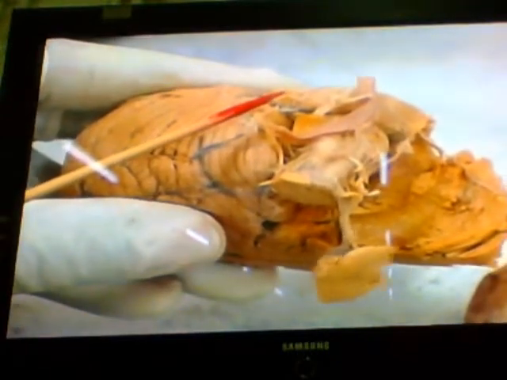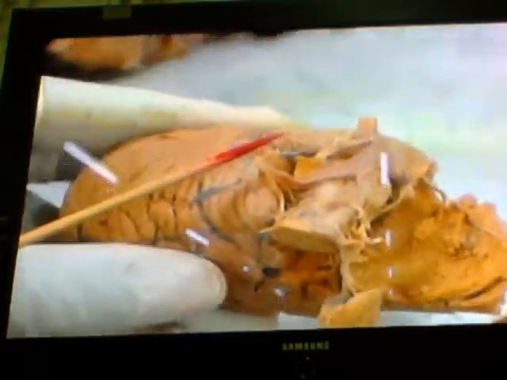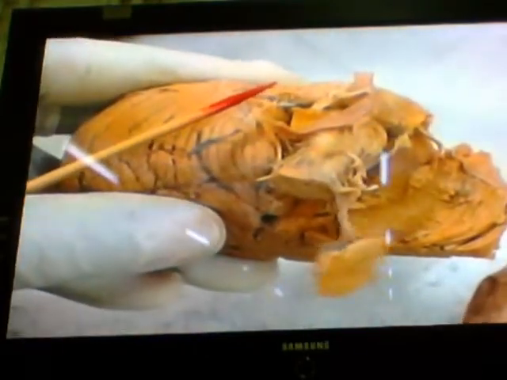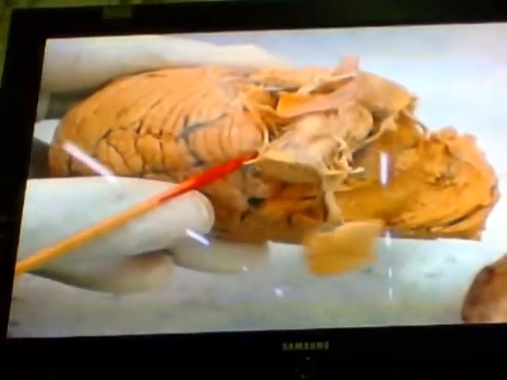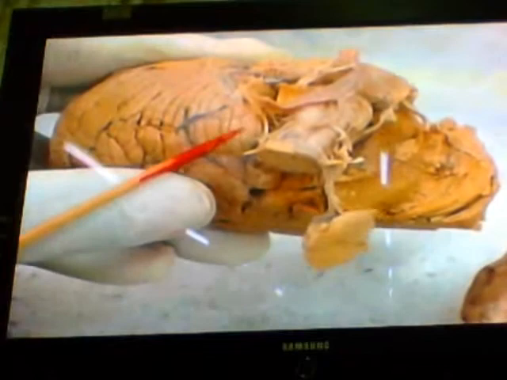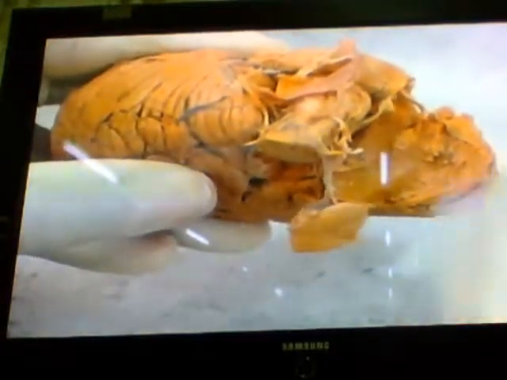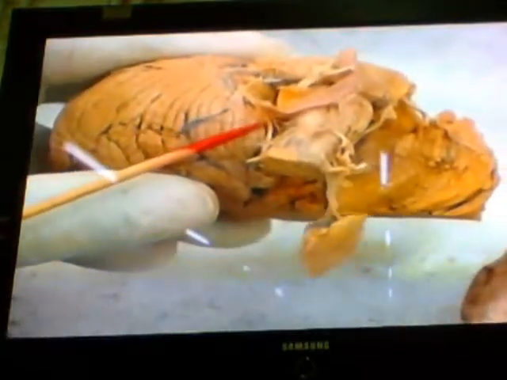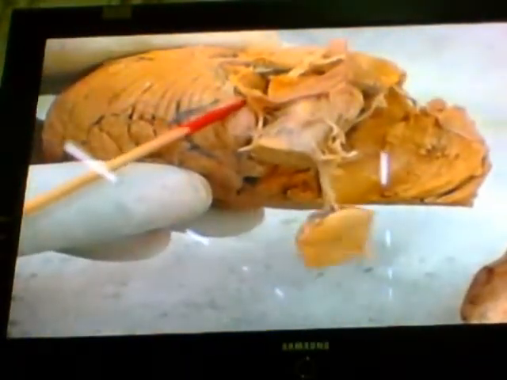The 11th cranial nerve, why do you call it spinal accessory? It has an accessory in the upper cervical part. The upper four segments of the spinal cord contribute to this nerve. So it comes up on the side and then runs down with 9 and 10 in the jugular foramen.